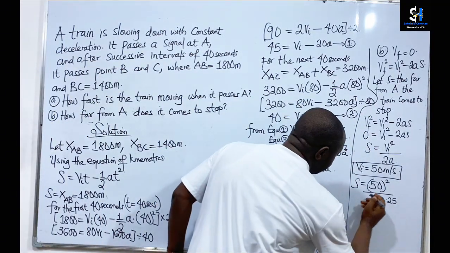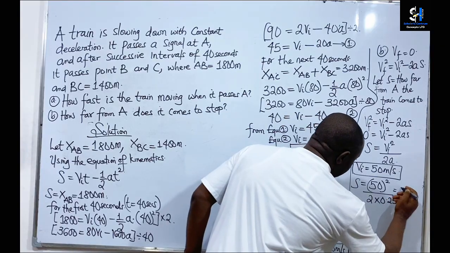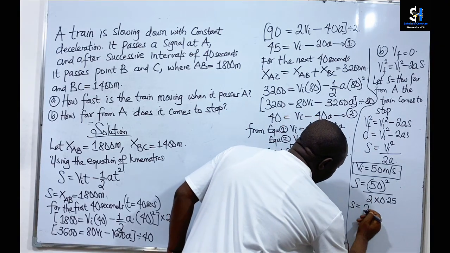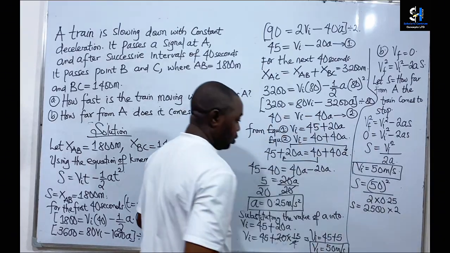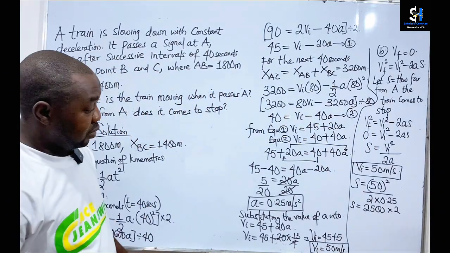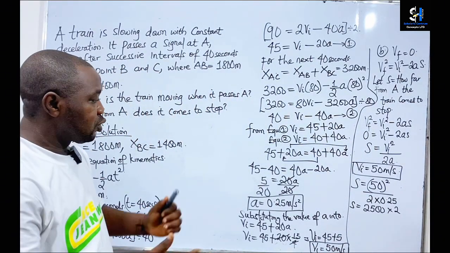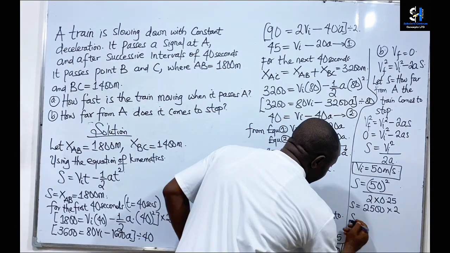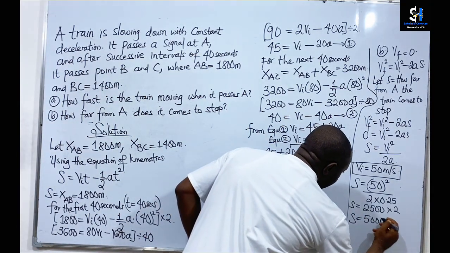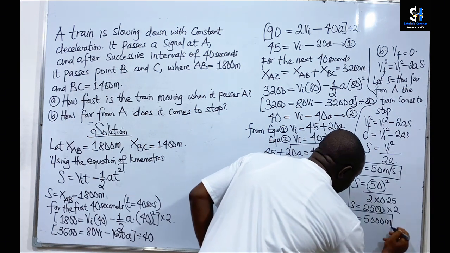So this will be 2500. So we have s equals 2500, then multiply by 2, because 2 times 1 over 4 is 1 over 2. So that will be 2 multiplied by 2500, which is going to be 5,000 meters.